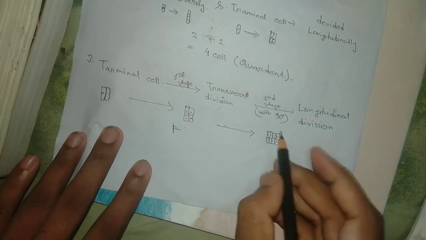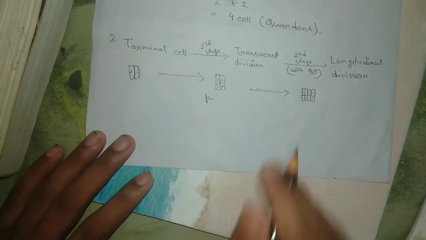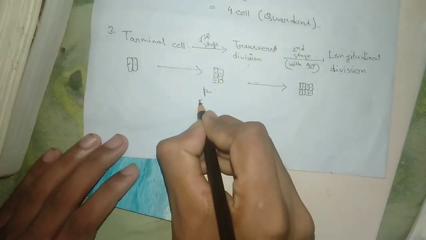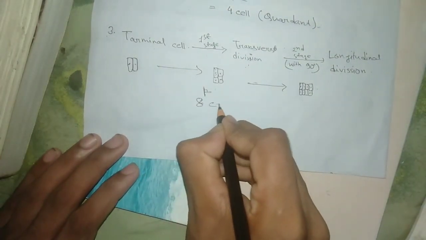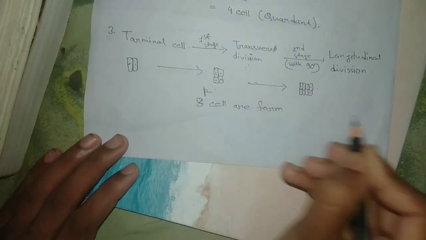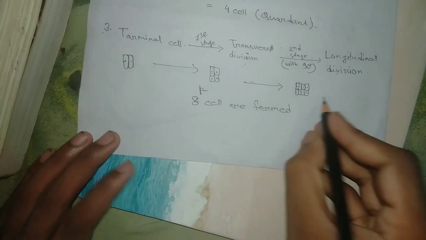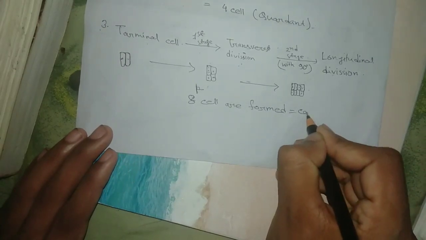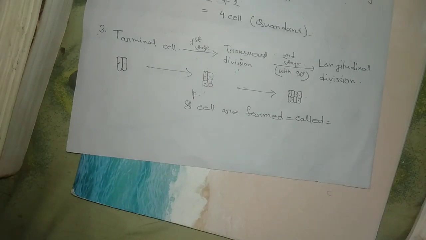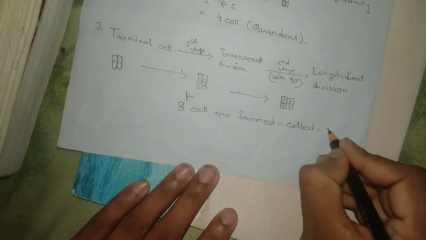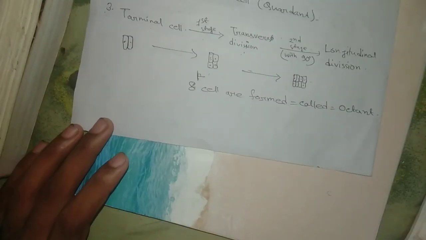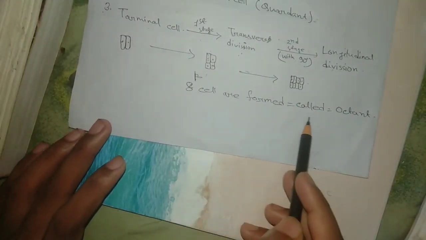This is 8 cells. In this way 8 cells are formed, and these 8 cells are called octant.